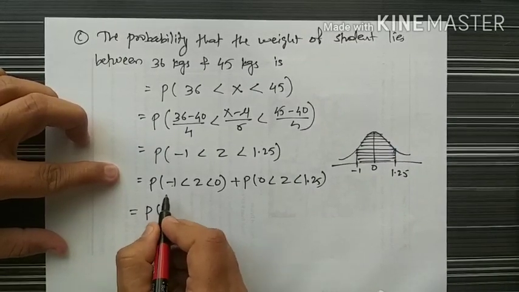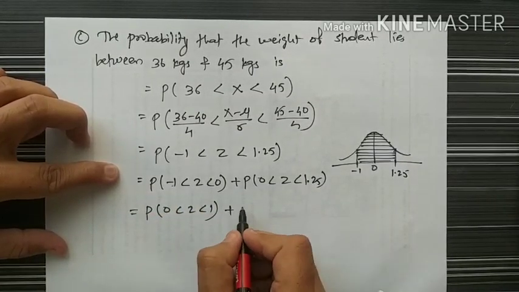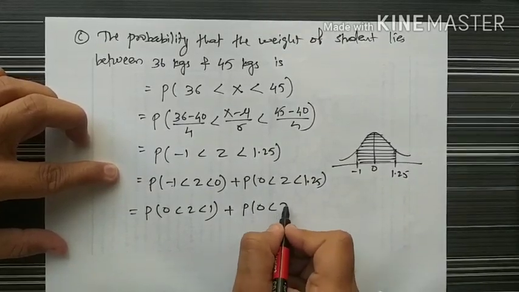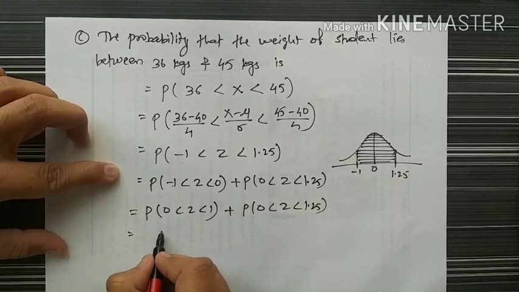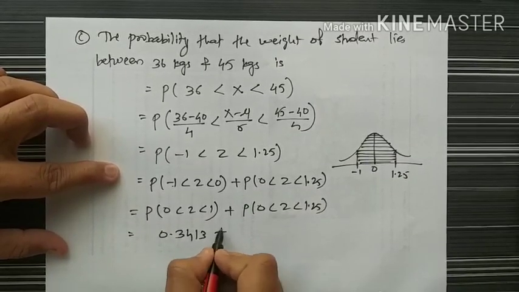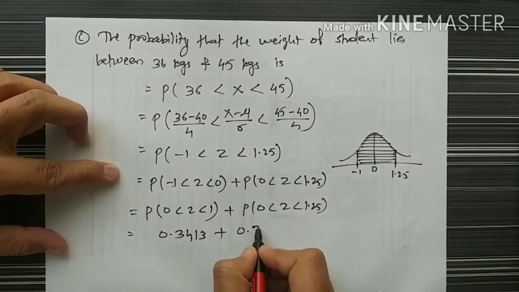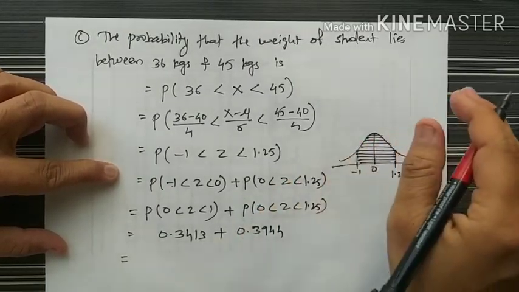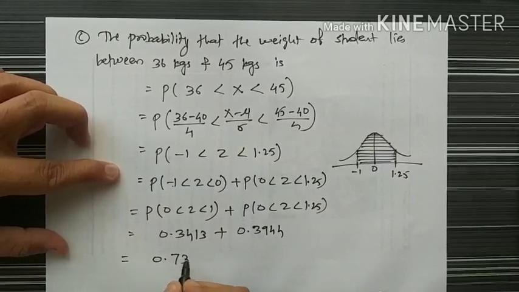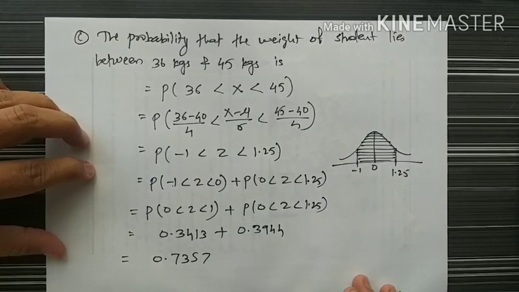So 0 to 1 is given as 0.3413, plus 0 to 1.25, already given in the question, 0.3944. Adding these, we get 0.7357. This is the probability that the weight of a student lies between 36 kg and 45 kg.